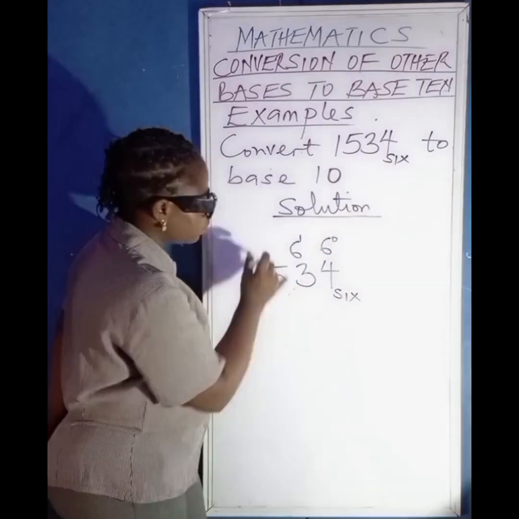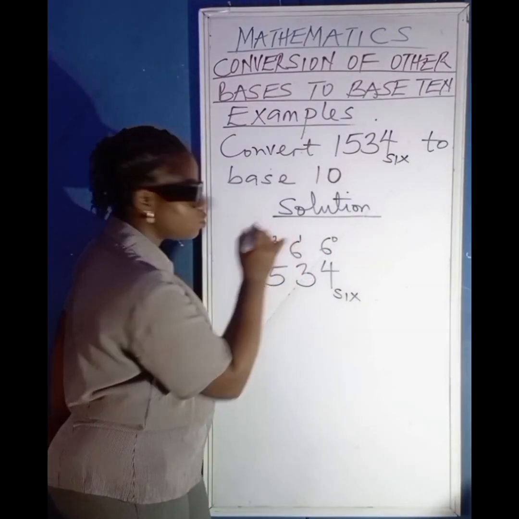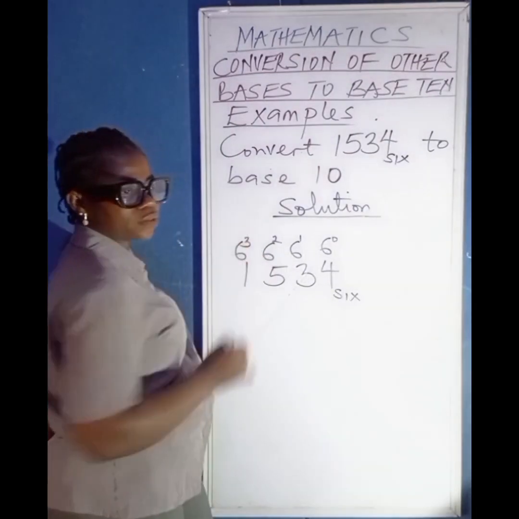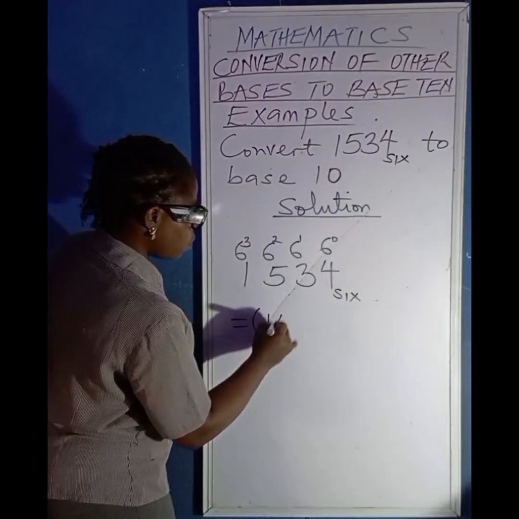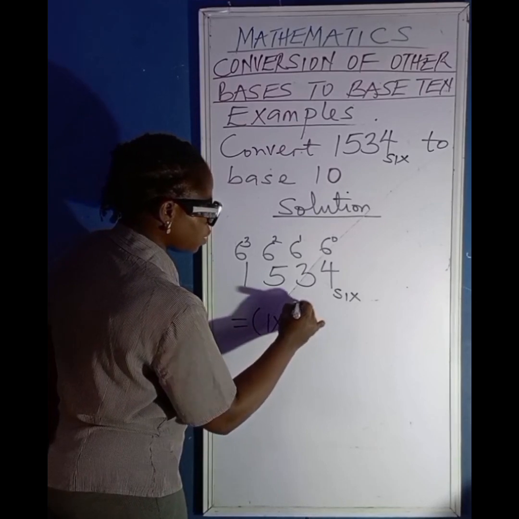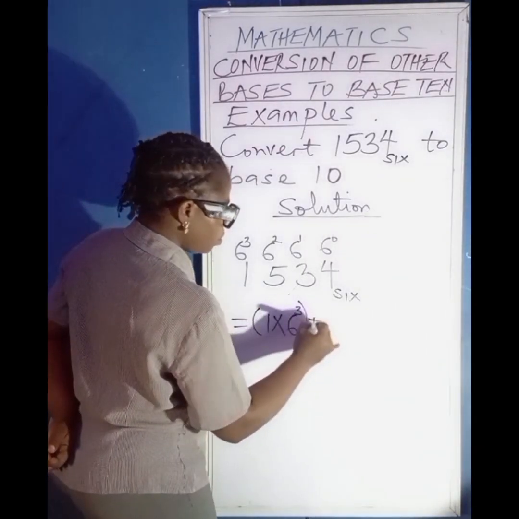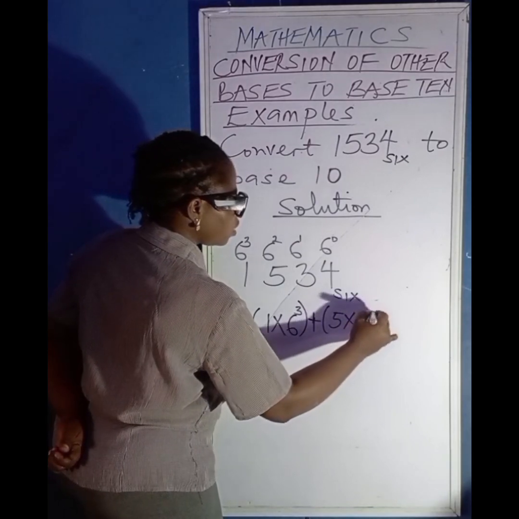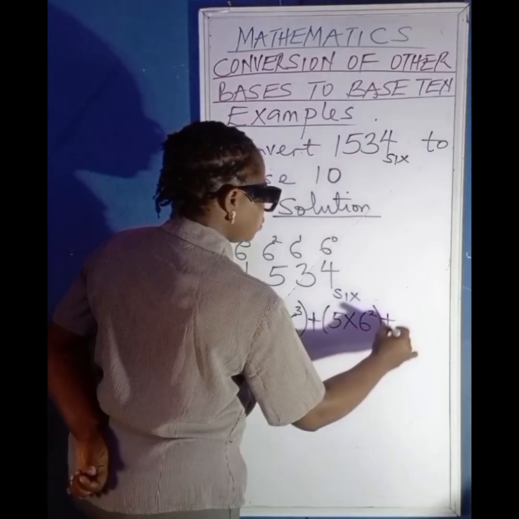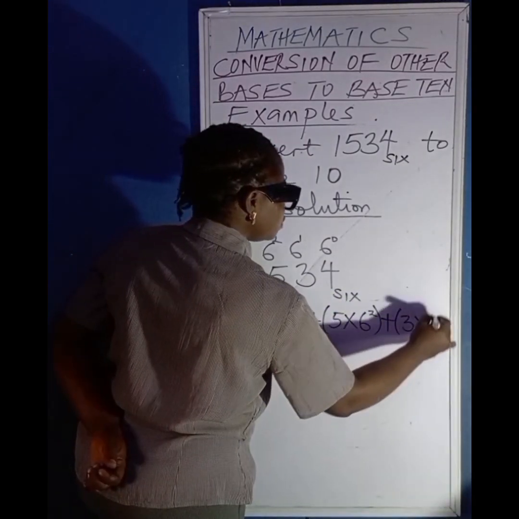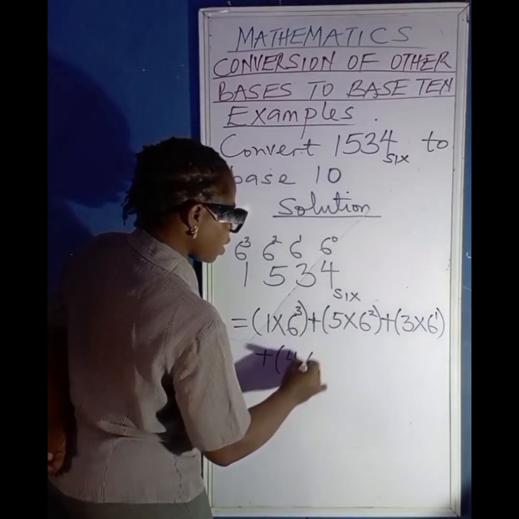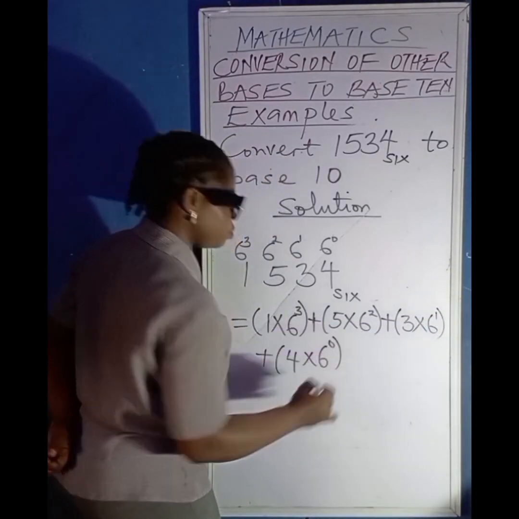The place value of this 5 is 6 raised to power 2. The place value of this 1 is 6 raised to power 3. So I have 1 times 6 raised to power 3 plus 5 times 6 raised to power 2 plus 3 times 6 raised to power 1 plus 4 times 6 raised to power 0.